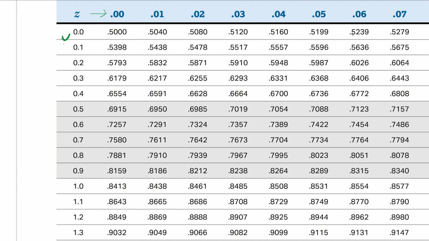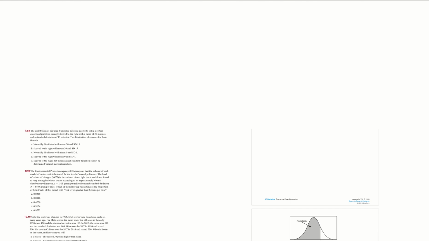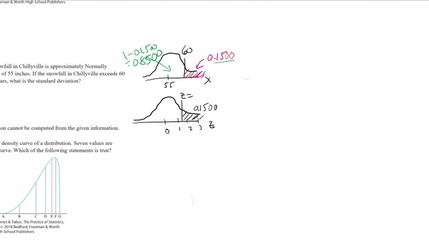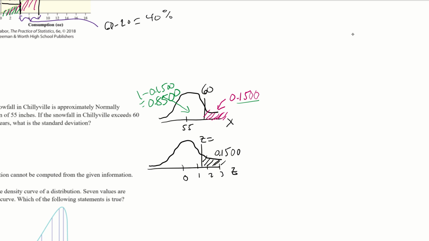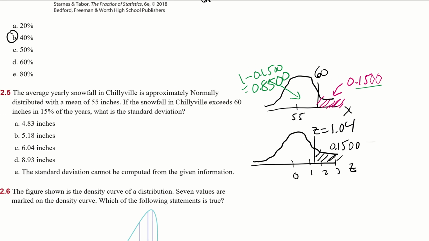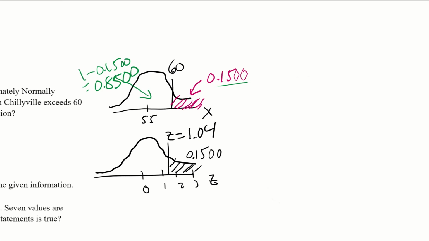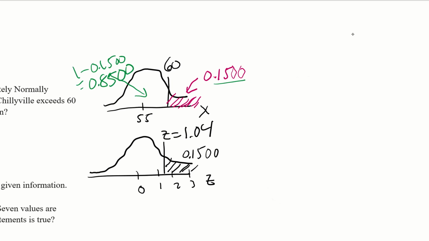Okay, so now we know what the z-score is. So let's go back to our problem. We've established now that the z-score is 1.04 approximately, and that makes sense according to my graph. It's a little bit above the 1. So now we're going to use this to find the standard deviation, because we know that the formula for the z-score is x minus mu divided by the standard deviation.